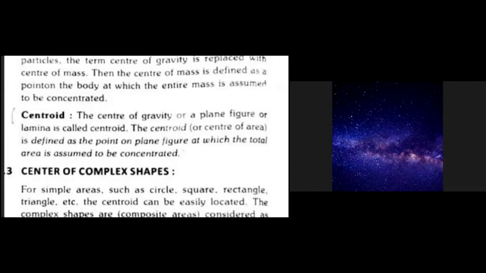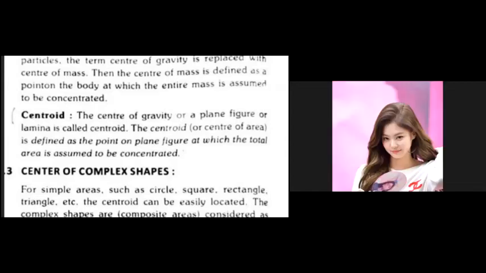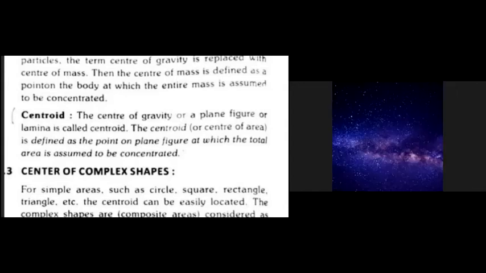The center of gravity is a point on the body through which the total weight of the body is concentrated. And the centroid is a point on the plane figure at which the total area of the plane figure is assumed to be concentrated. These are the definitions of center of gravity and centroid.